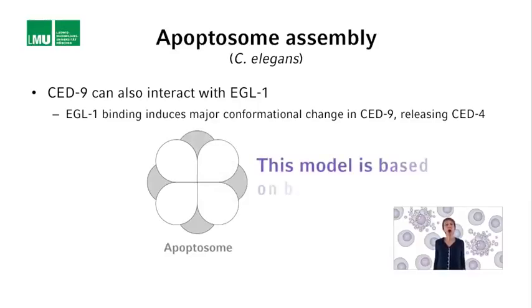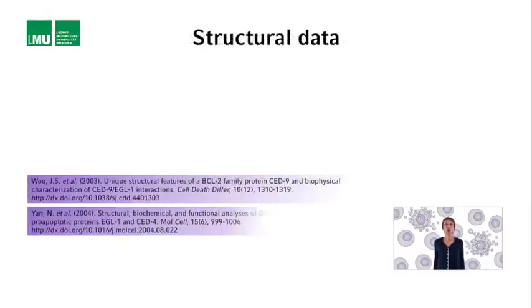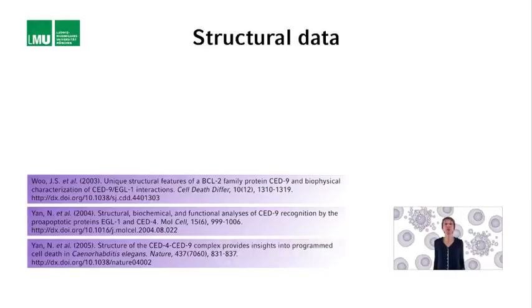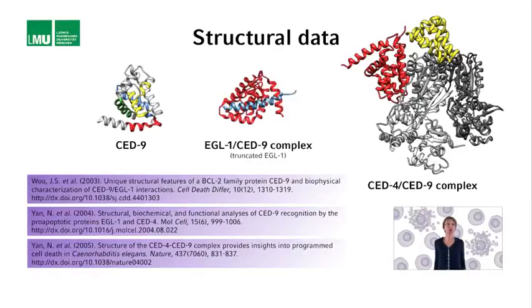The model on how AGO1 binding to Z9 triggers apoptosome assembly is based on biochemical data obtained by a number of investigators, and also on structural data. Yigong Shi and co-workers published a series of papers in which they described the crystal structures of Z9 alone, Z9 bound to Z4, Z9 bound to a truncated AGO1 protein, and the Z4 apoptosome.